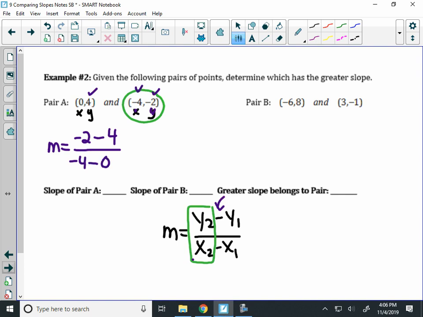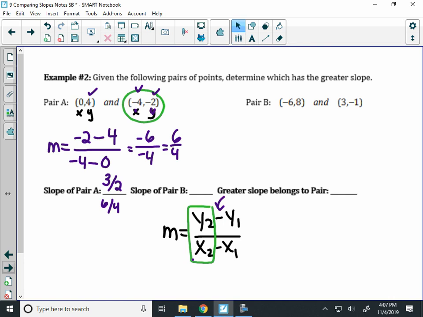Minus 0. Well, -2 minus 4 is -6 over -4. And you can simplify that. It's going to be negative over a negative, which is a positive. So positive 6 over 4. 6 over 4 can be rewritten if you want as 3 over 2. Or you can leave it as 6 over 4. That's okay.